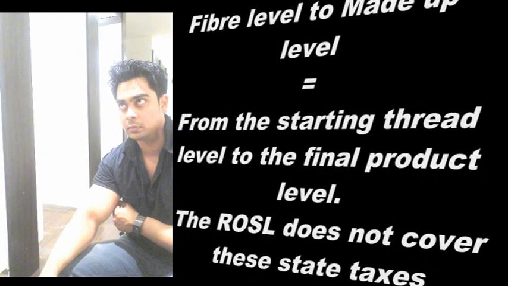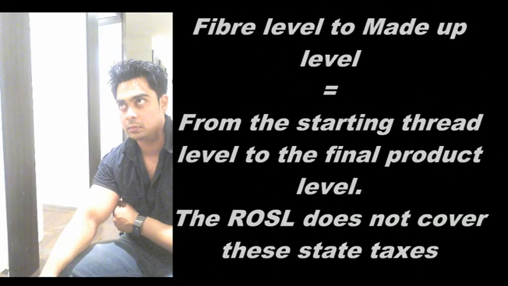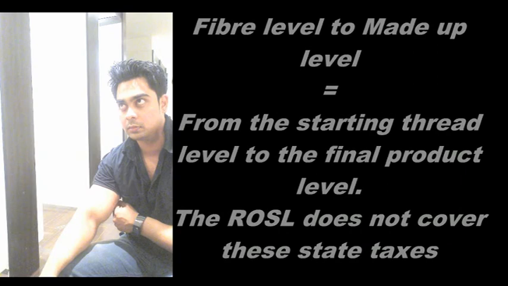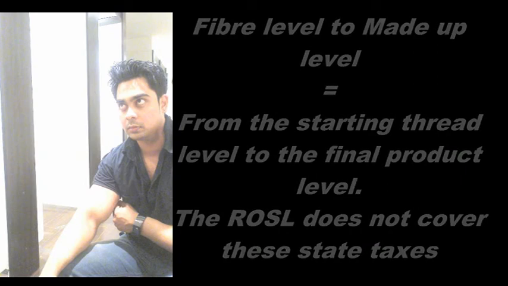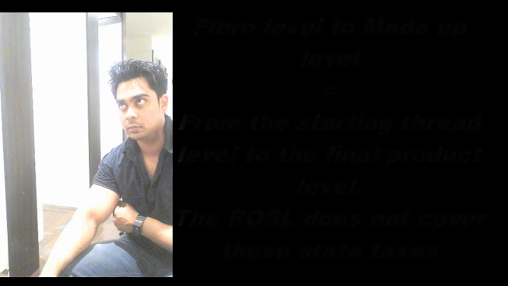So the scheme does not cover embedded state levies such as electricity tax and market cess from fiber to made-ups. From fiber level to the entire commodity. Made-up means the entire commodity, and fiber level means the initial level.